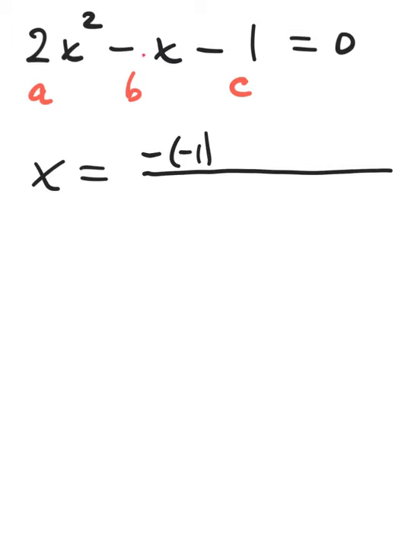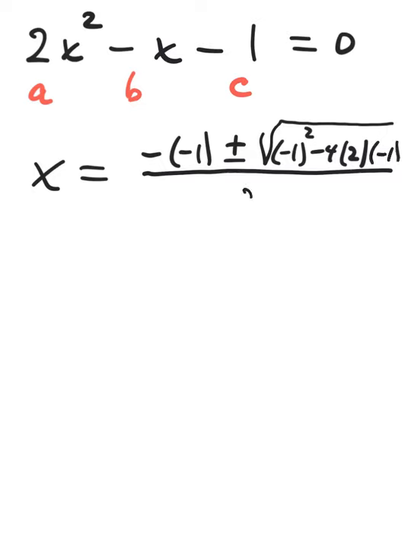Note that that b value is an unwritten 1, so it's negative 1 for the b value, plus minus square root b squared minus 4 times your a value, which is 2, times your c value, which is negative 1. All that over 2 times your a value.